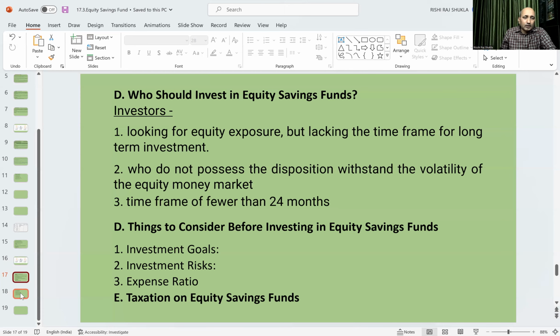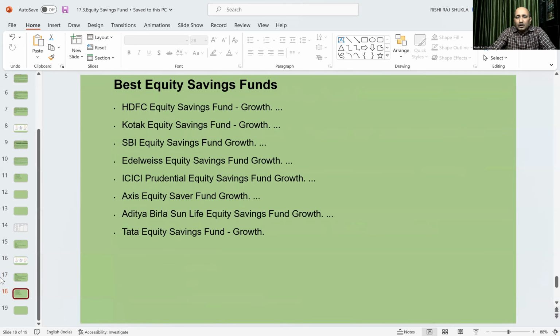Now, let us see what are the available opportunities. As of now, the best equity savings schemes are HDFC Equity Saving Fund Growth option, of course. Another is Kotak Equity Saving Fund, again growth option. SBI Equity Saving Fund, Edelweiss Equity Savings Fund, ICICI Prudential Equity Savings Fund, Axis Equity Saver Fund, Aditya Birla Sun Life Equity Saving Fund, Tata Equity Savings Fund.